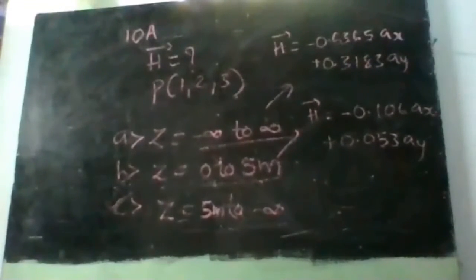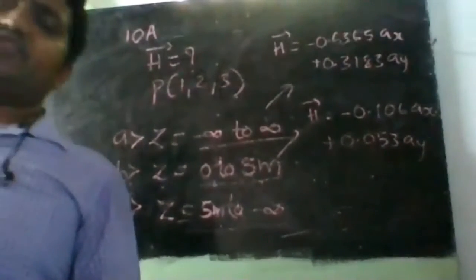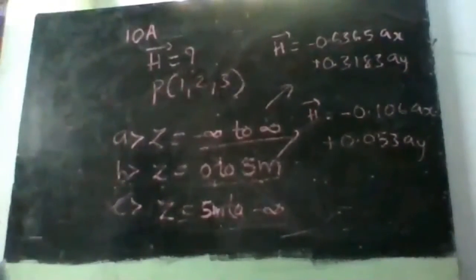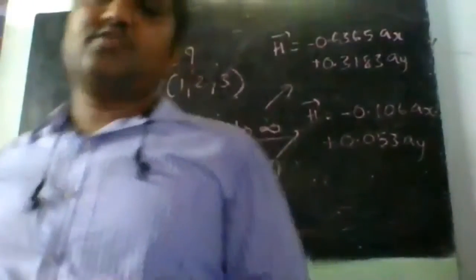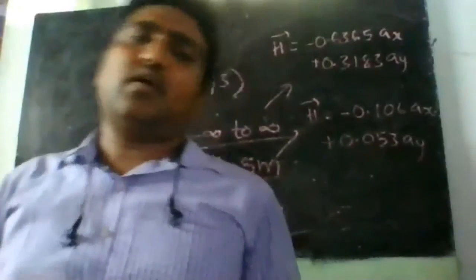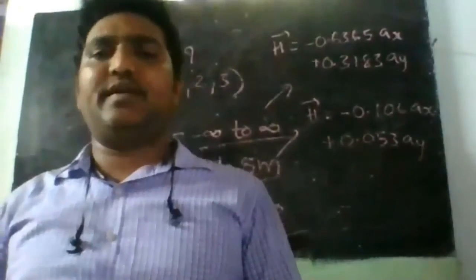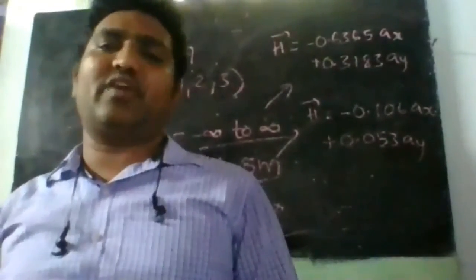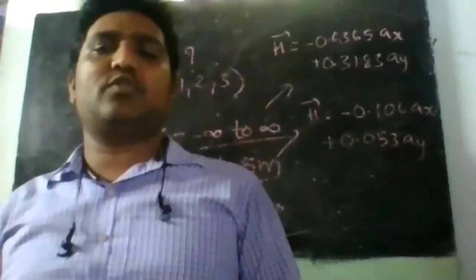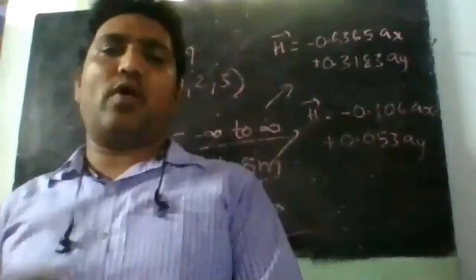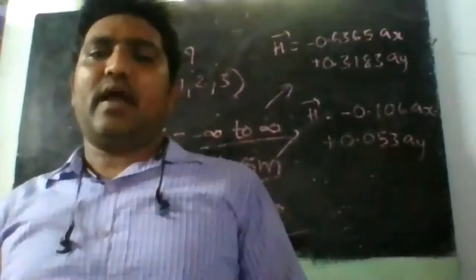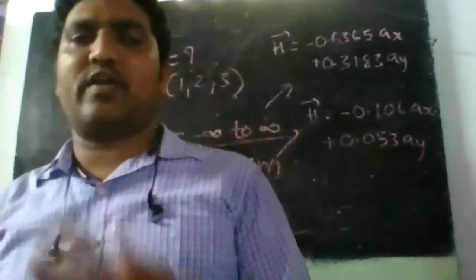So we have finished the Biot-Savart's law. So this is all about Biot-Savart's law. Biot-Savart's law gives us the method for finding out magnetic field intensity or magnetic flux density. So H bar is directly proportional to current, directly proportional to the length of the conductor, directly proportional to the sine of the angle between the conductor and the line joining the point, and inversely proportional to the square of the distance.